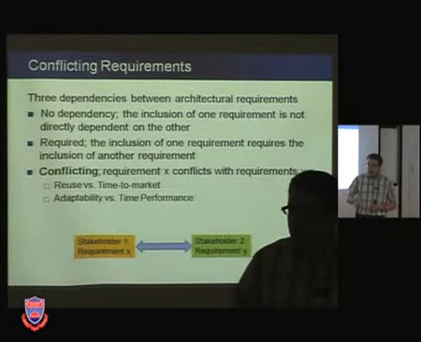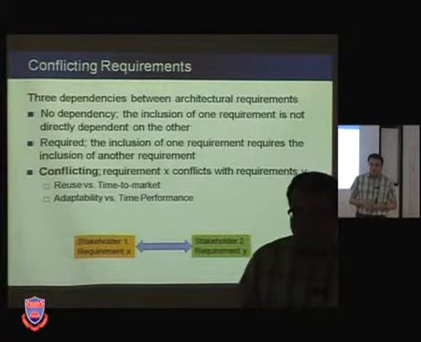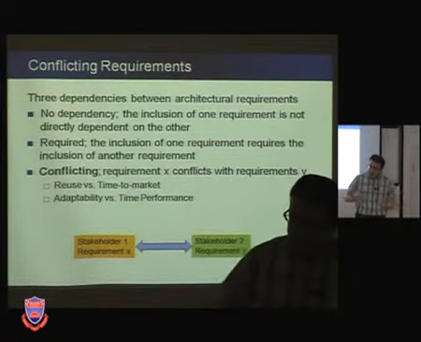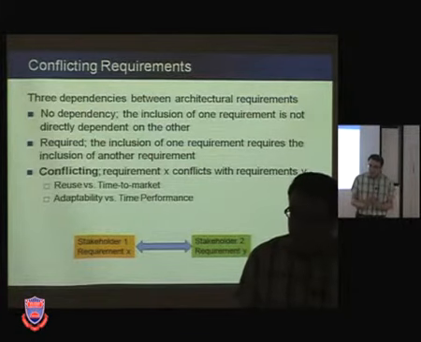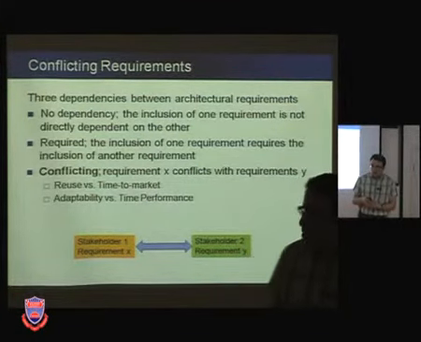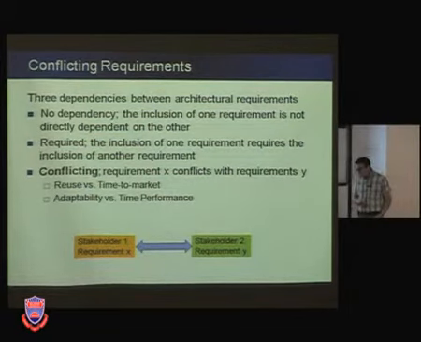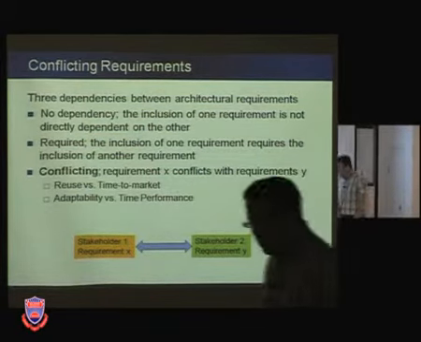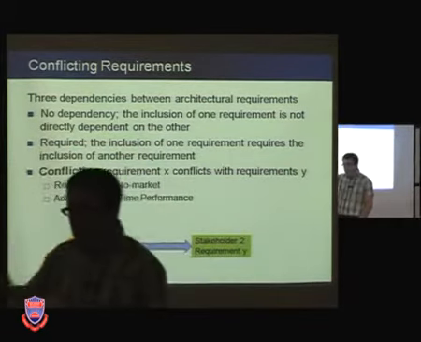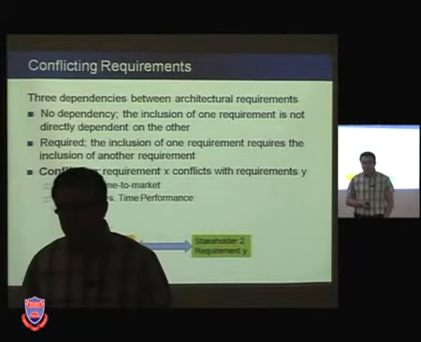There will be more redirections, more loose coupling. With time performance, you have more inlining. So that conflicts. It's the role of the architect, after prioritizing the requirements, to define these conflicts.